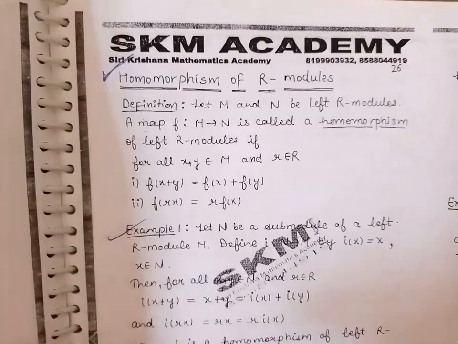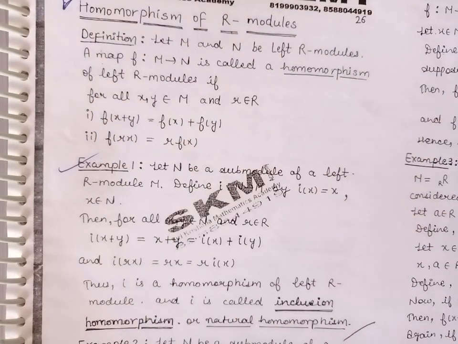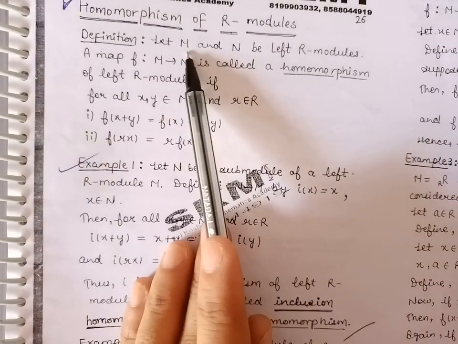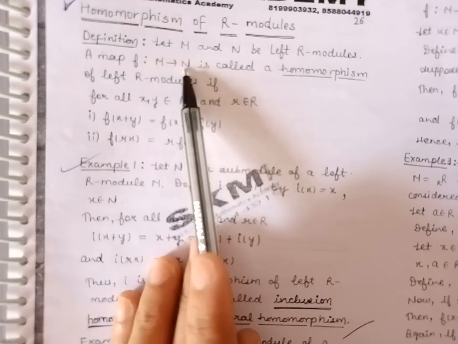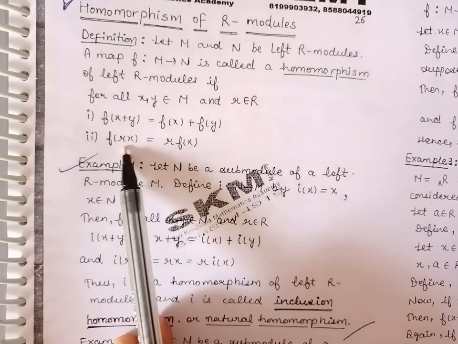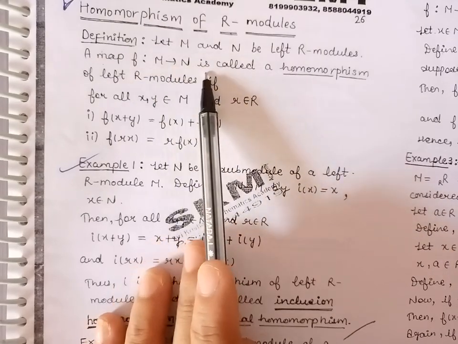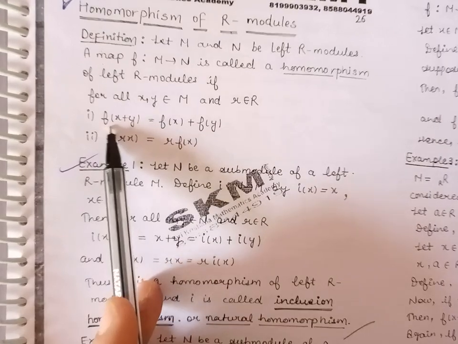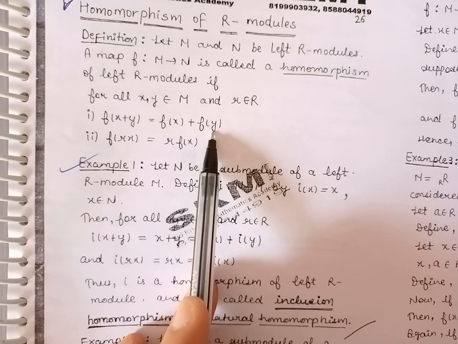Now next we define a homomorphism of R modules. To define a homomorphism, let us take two R modules M and N. A mapping f from M into N is called a homomorphism of R modules if two conditions are satisfied. First condition: under the mapping from M into N, the image of x plus y is equal to the image of x plus the image of y.